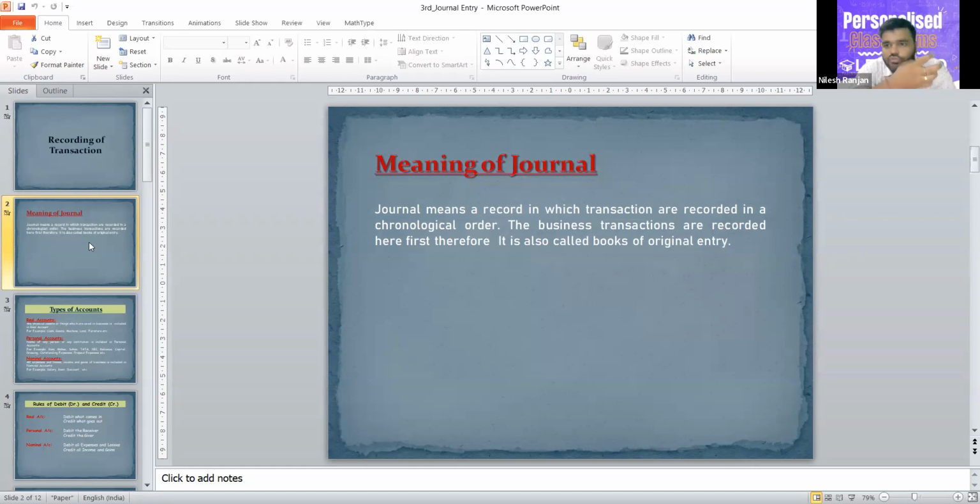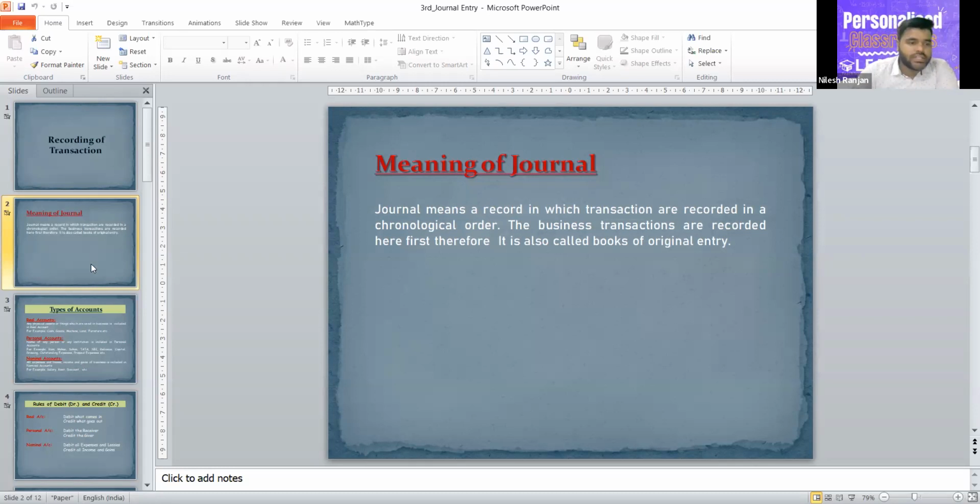We accumulate the vouchers and then record all of them on a single day at the end of the week. So we record transactions in the journal on a daily basis. Is that clear? Yes, sir.